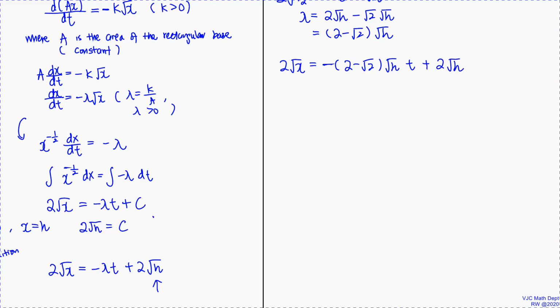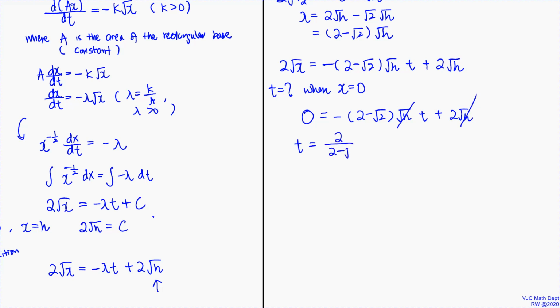Finally, we want to find what is the value of t when x equals to 0. Therefore, you got left hand side is 0 equals to minus 2 minus root 2 root h t plus 2 root h. The root h goes. Yes. Then you get t equals to 2 over 2 minus root 2, which you can use GC to find that this is 3.4142.